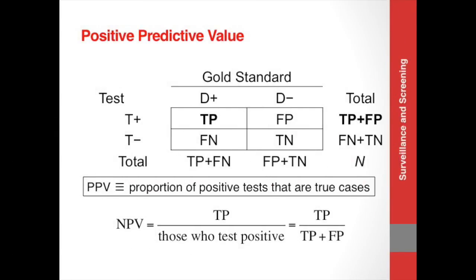Now let's review two concepts that describe the feasibility of a screening test: positive and negative predictive values. A positive predictive value indicates the proportion of people with a positive test who actually have the disease. In a real-life situation, we do the new test first and we don't have the results of a gold standard available.